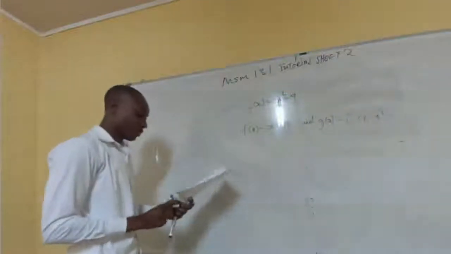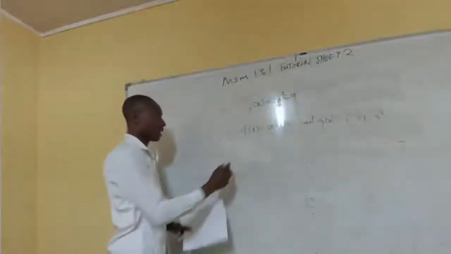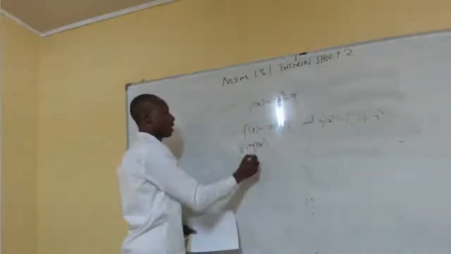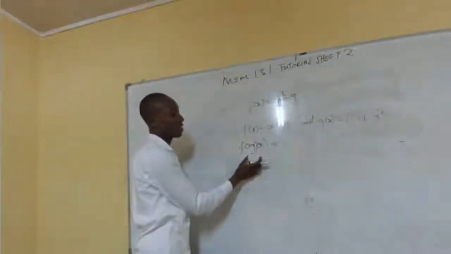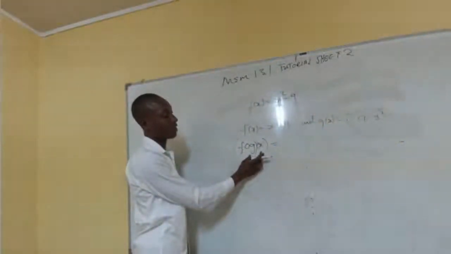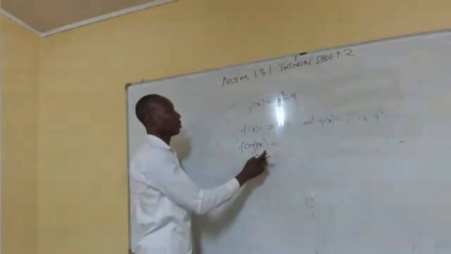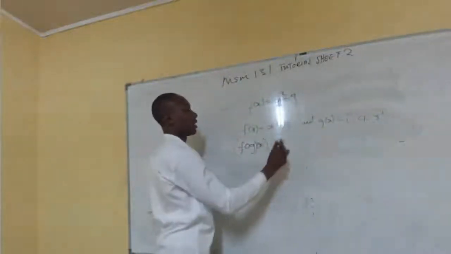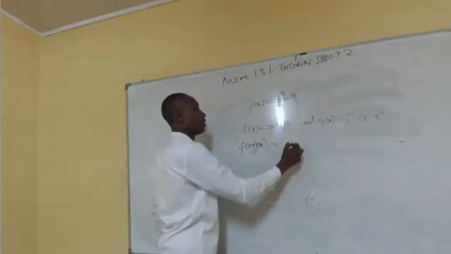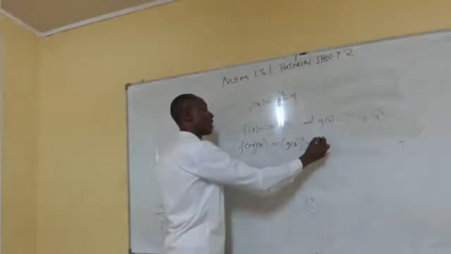Okay? So I've been asked to find f of g of x. Now, f of g of x simply means replace g of x where there's x in f. So, x is here. What is g of x? That is g of x. So we have g of x squared minus 9.